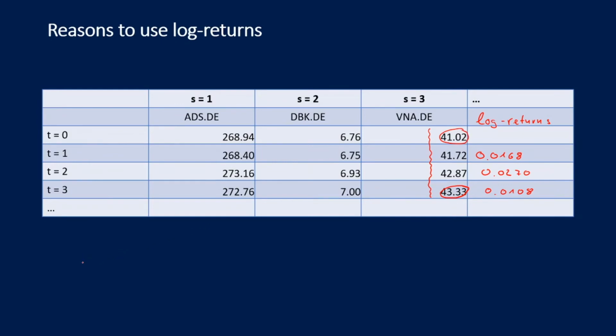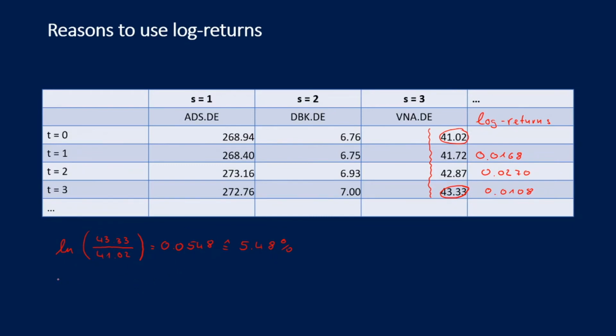So the return between those two prices can be calculated simply by the natural logarithm of the newer price as of day 3 divided by the older price as of day 0, and that is 0.0548 or 5.48% equivalently.